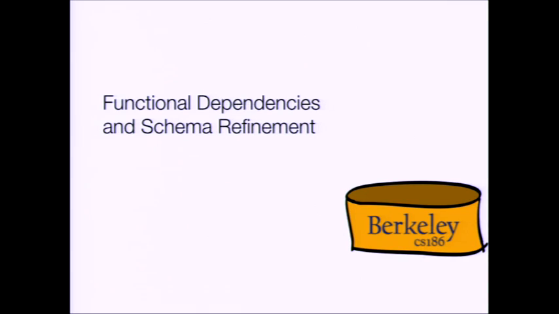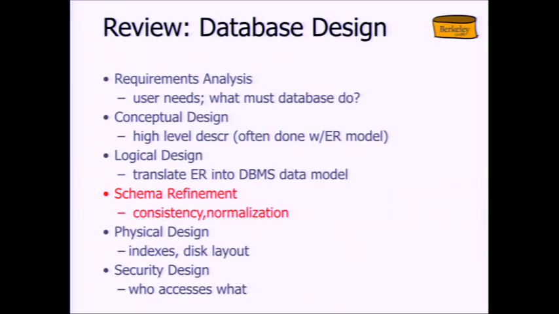So, if you came to that last lecture before the midterm, I know a substantial number of people were home studying. But if you came to that lecture, we talked about functional dependencies and schema refinement. This is the part of the class where we bridge the logical design of our database with the physical design of our database.